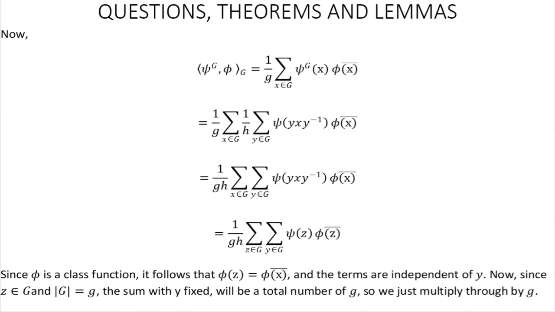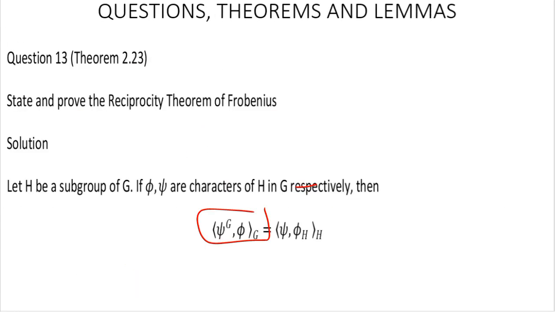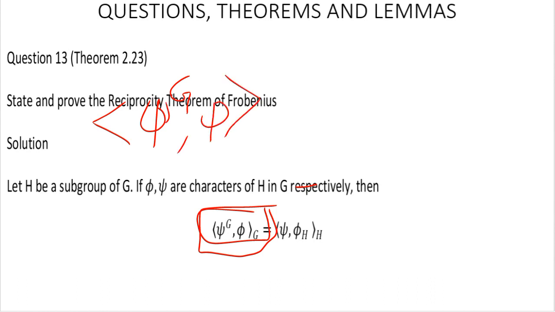So from the left-hand side earlier on, let's look at that. In the statement of the reciprocity theorem of Frobenius, we have this here, right? So we know what the inner product of this would look like, right? So we have phi of G, psi of G actually, and then phi, summing over G, right?